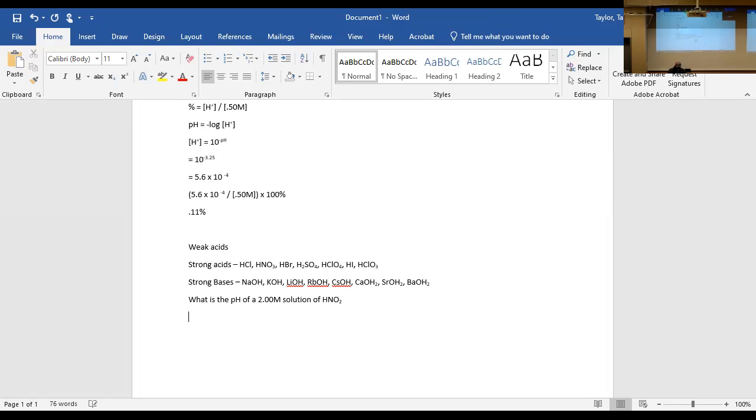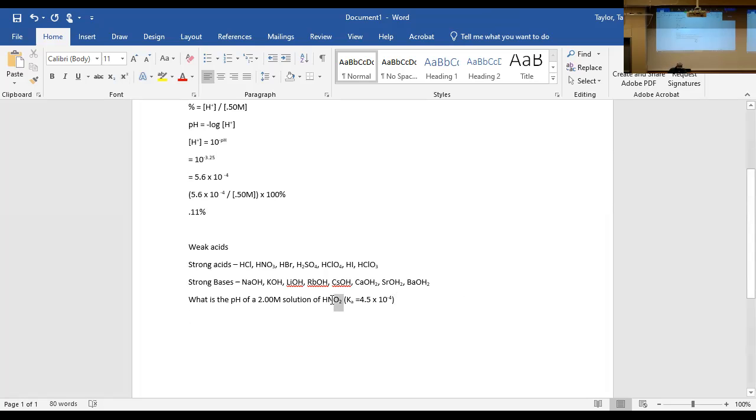And then in parentheses, the Ka, the equilibrium constant for an acid, is 4.5 times 10 to the -4th. And that is all the information she's going to give you for a problem. She's going to ask for the pH, give you the molarity, and give you the Ka and the chemical compound.